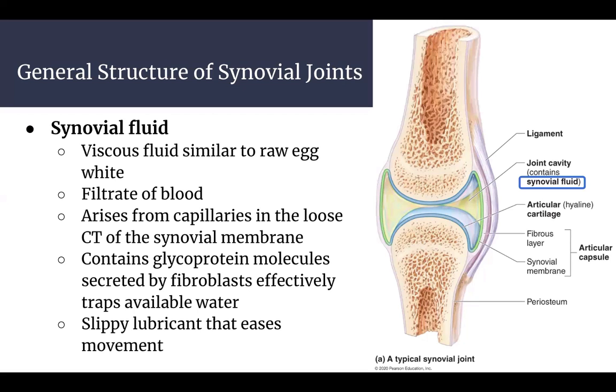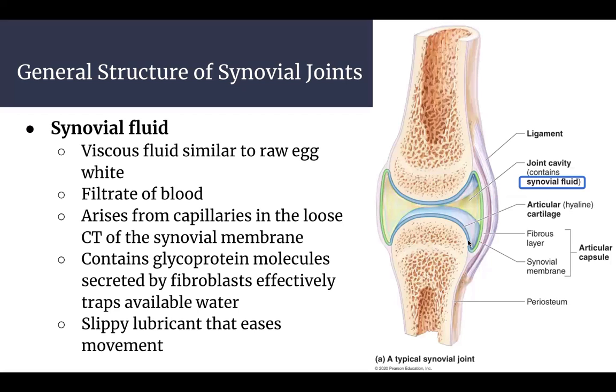It isn't actually lined with epithelial cells like you might have imagined. Instead, the fluid is being pushed out of the capillaries into a loose connective tissue that has a thin layer of fibroblasts forming a very thin layer on the deepest level of this synovial membrane.